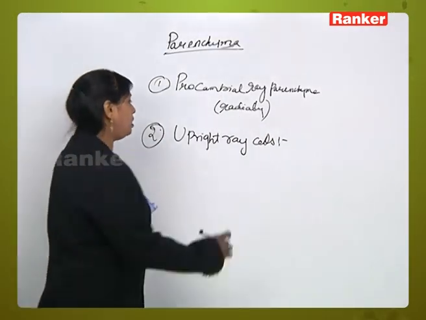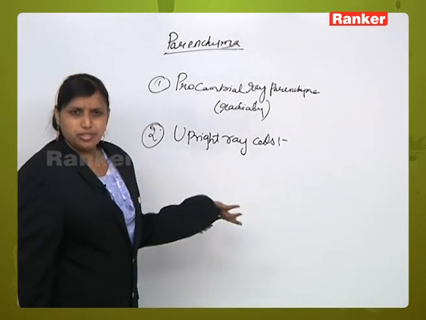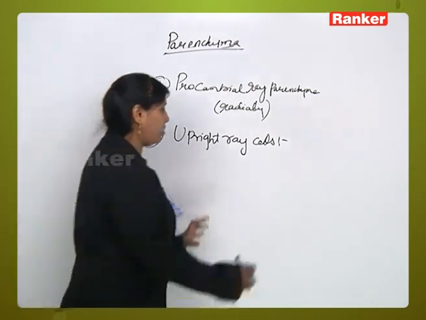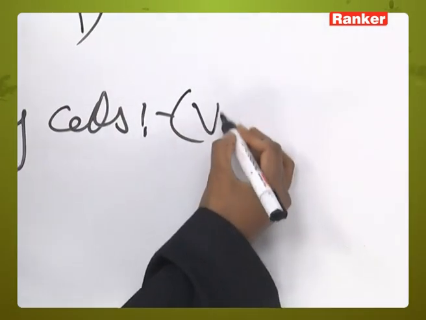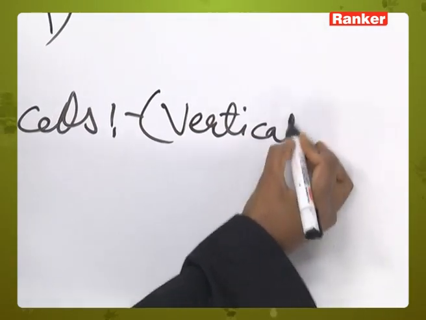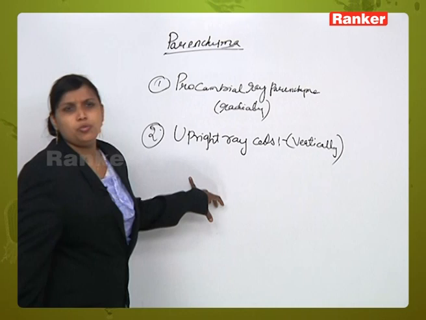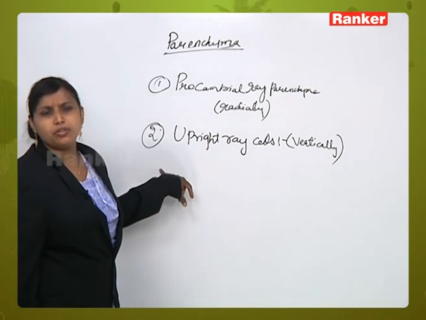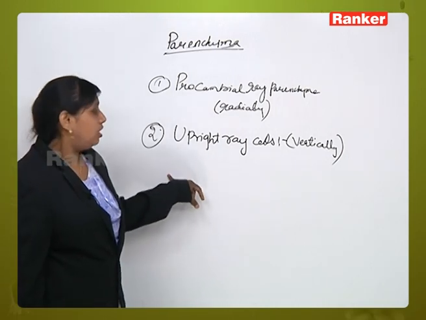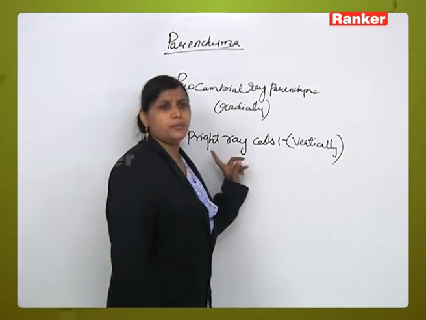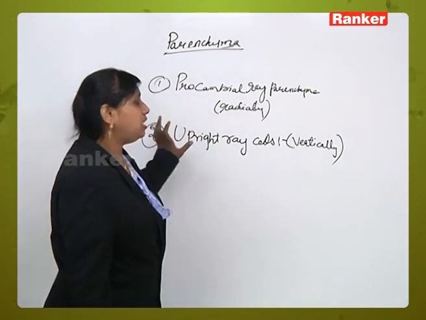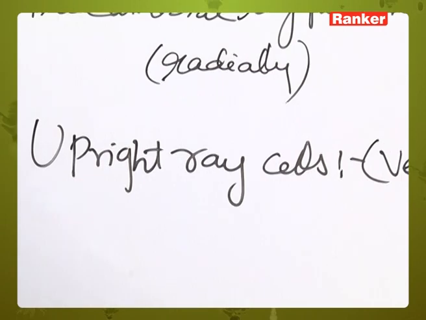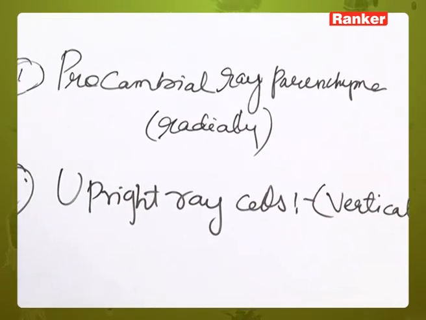As the name indicates, this type of ray parenchyma is oriented vertically, and these cells are called upright ray cells. So this is the conclusion, the types of parenchyma present in the xylem.